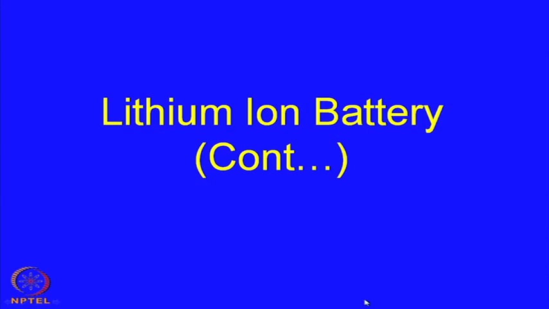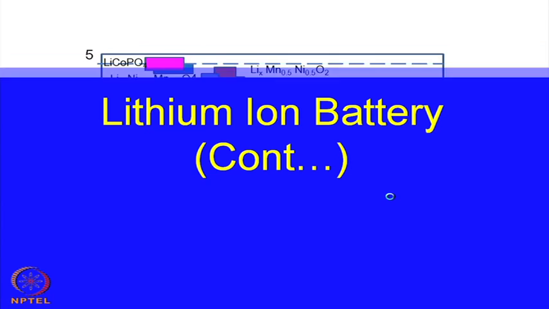So, let us see whether we have alternative materials and one can use an improved version of the battery, and of course, one can also see whether less costly materials can also be used replacing cobalt.